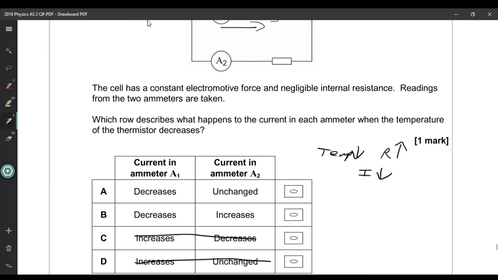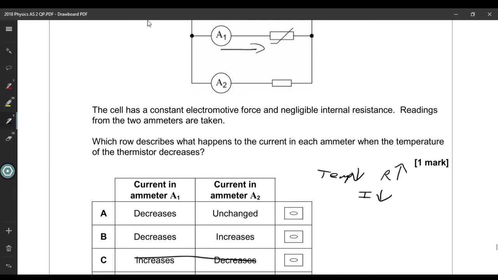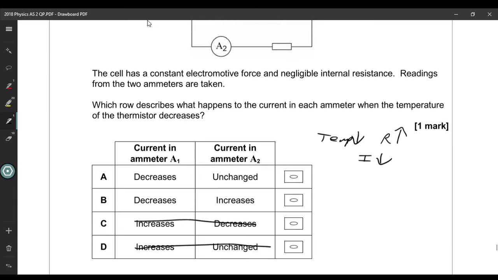So even though the resistance of the thermistor is going to increase, because we've got a fixed resistor across this spur, we're still going to have the same current flowing through it because the EMF is staying the same. So the current in ammeter 2 is going to remain unchanged.